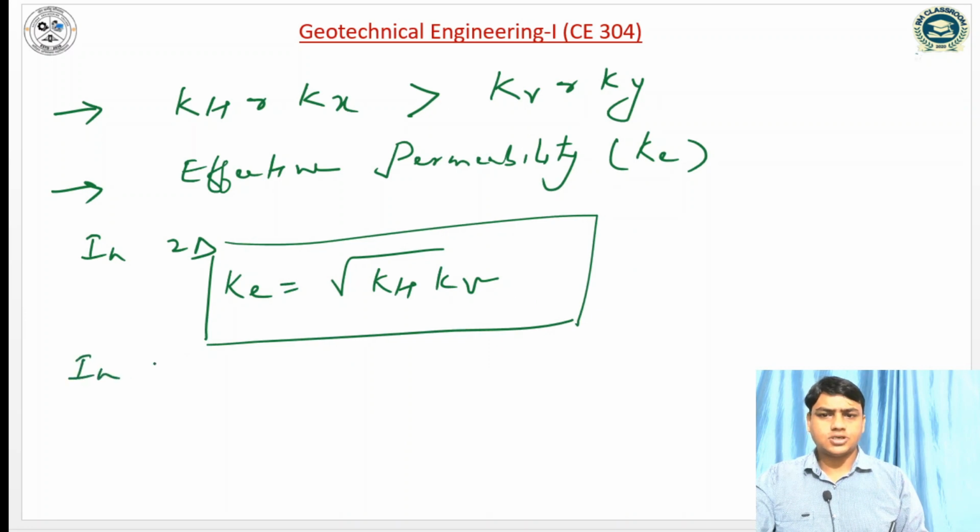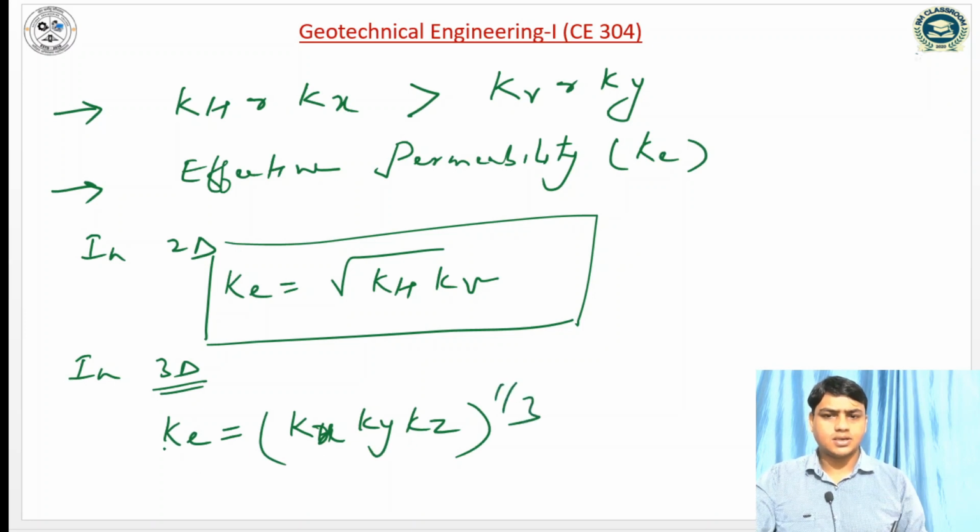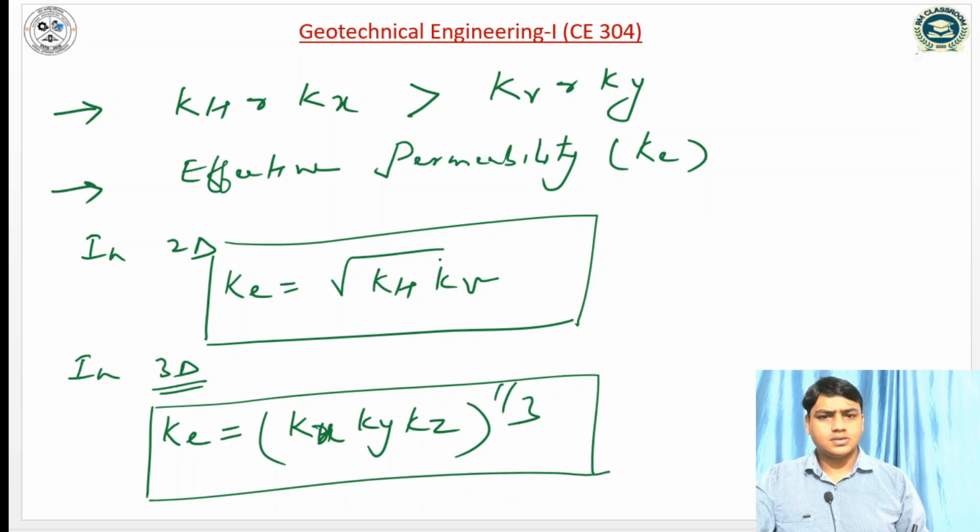Similarly in three dimensions, effective permeability is K equal to Kx into Ky into Kz to the power 1 by 3.